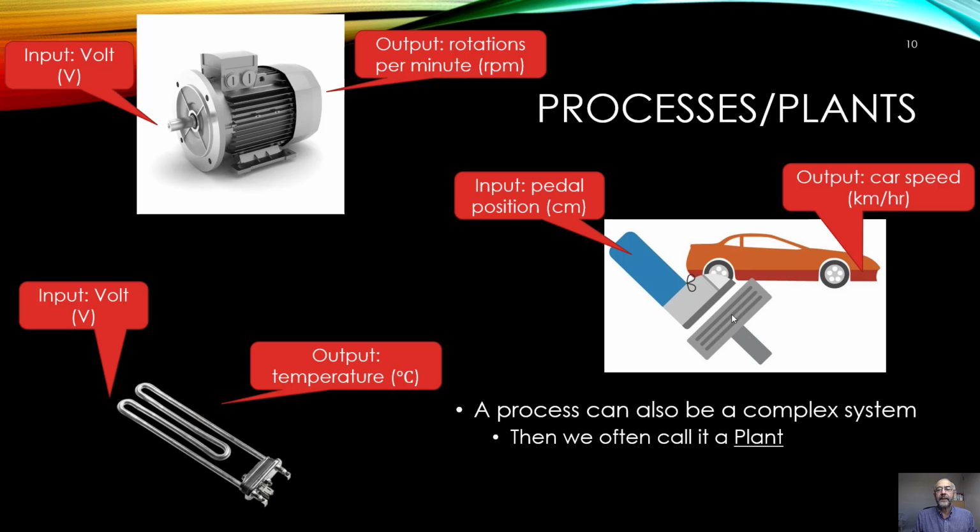If you release the pedal, the speed will go down. So all these things, we call them processes or plants. Those are two words that are used in this context. And they have a certain input, and depending on that input, the output will change.